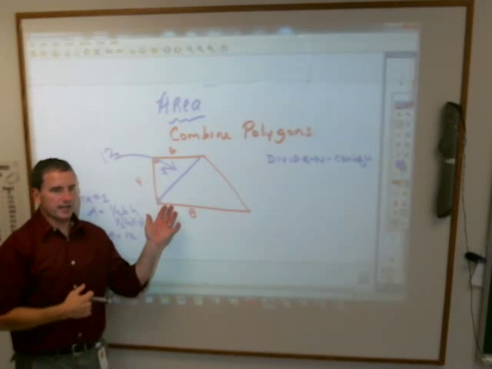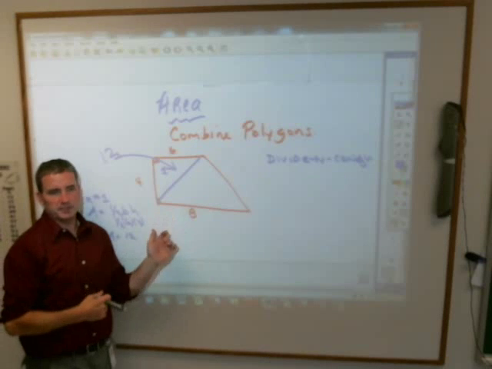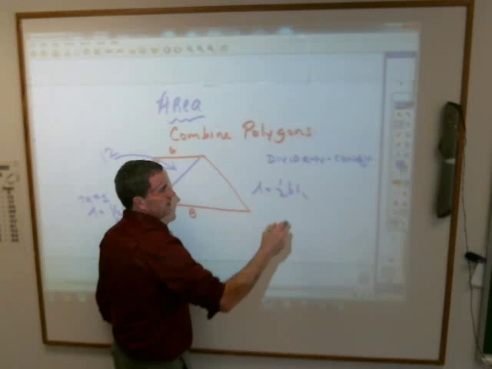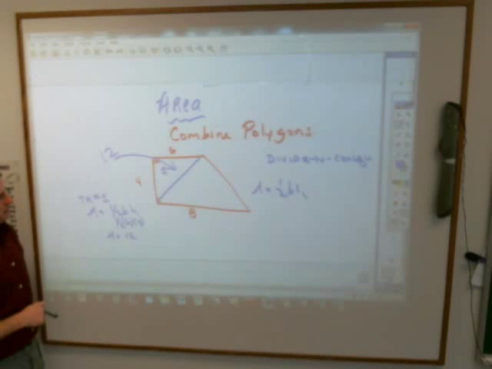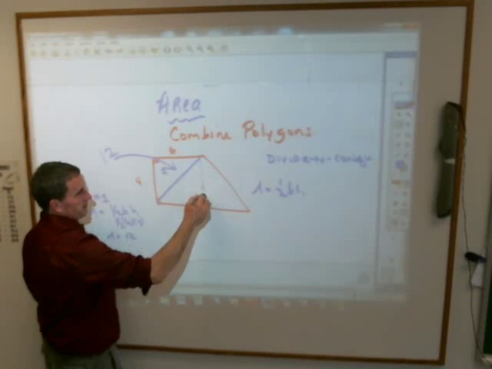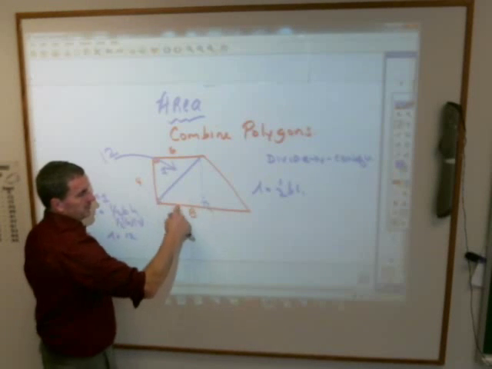Now, what about this triangle? What two lines form a right angle there? It's going to be the same formula. Area equals 1/2 base times height. Well, they do actually. You could cut this down straight right here, make a right angle there, and it is 4 high, 8 wide.